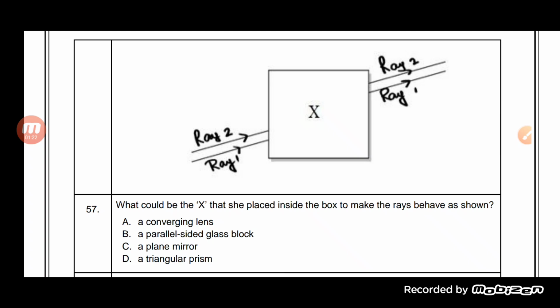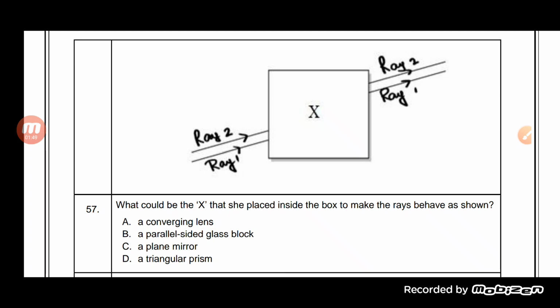We know that it is a glass slab which shows such kind of behavior, that when a ray passes through it, it gets refracted, and after that it gets emerged again. So it is the incident ray, and the emergent ray is shown in the figure.